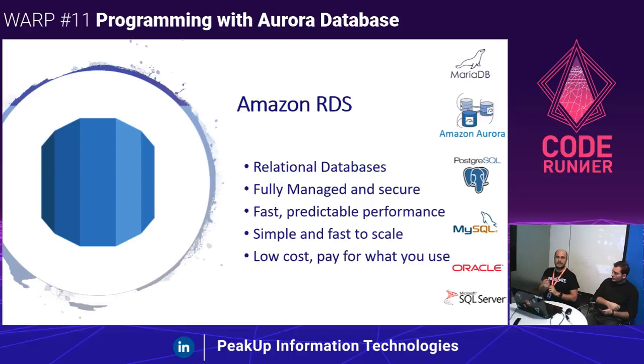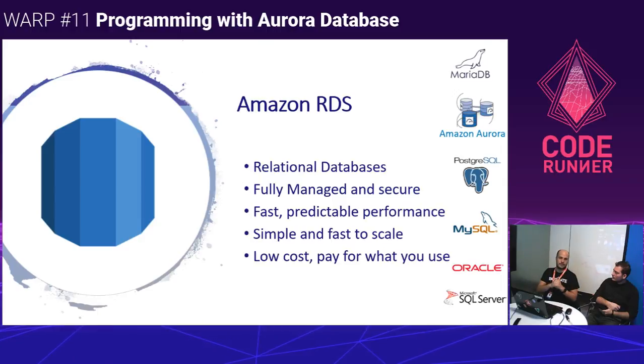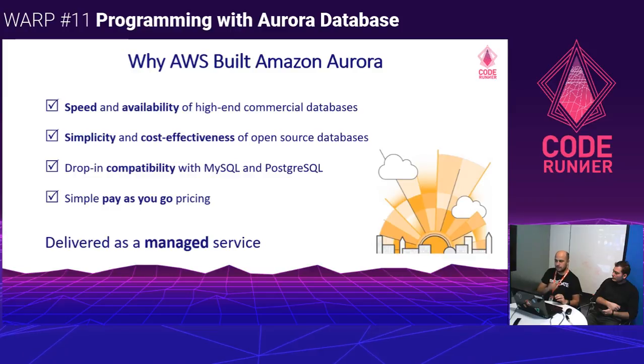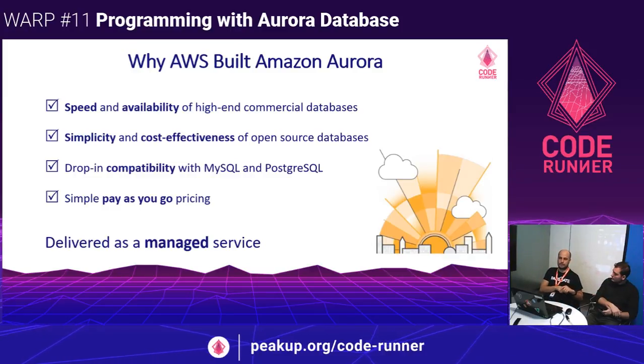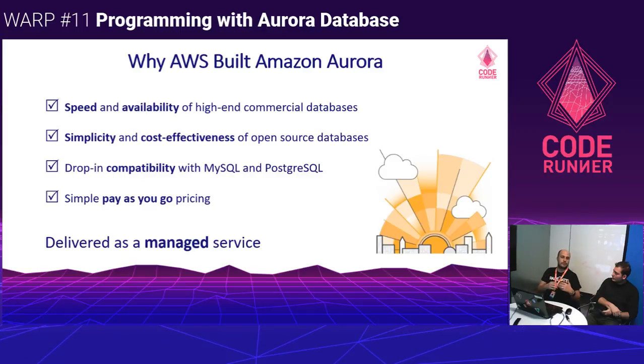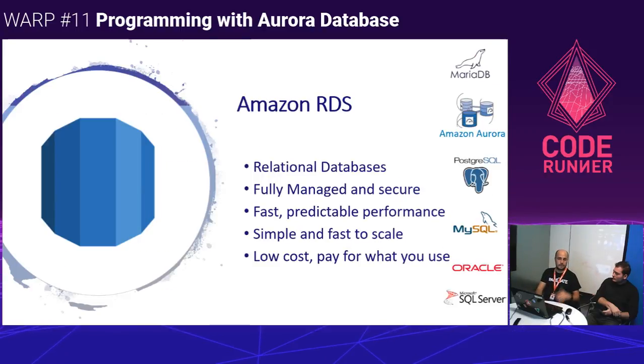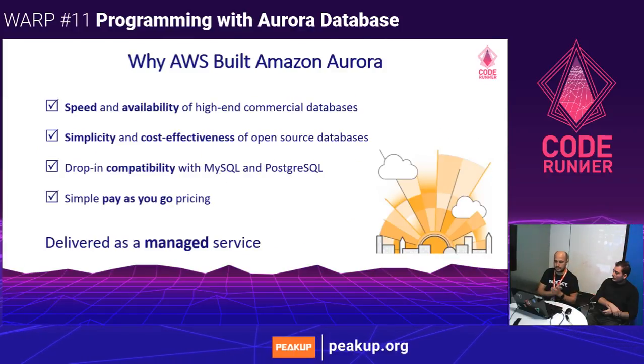So Amazon RDS is the main service that we use, and the database engines are the subcomponents of this platform service. The next slides tell us what Aurora is in AWS, and why AWS built this kind of new database system besides these 5 or more database engines.